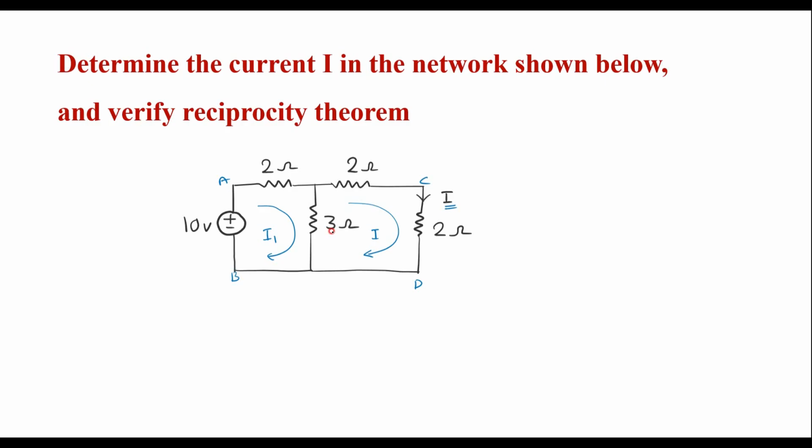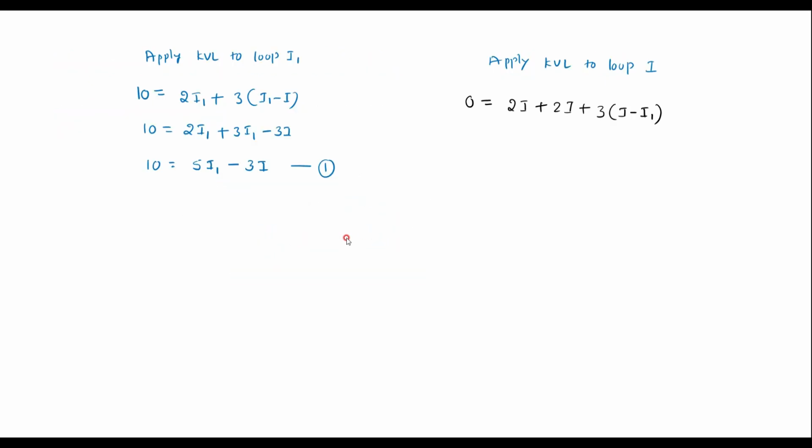So it will be 3I minus I1. Let me simplify this. 0 is equal to 2I plus 2I plus 3I minus 3I1, or 0 is equal to minus 3I1 plus 7I. Let me call it equation 2.